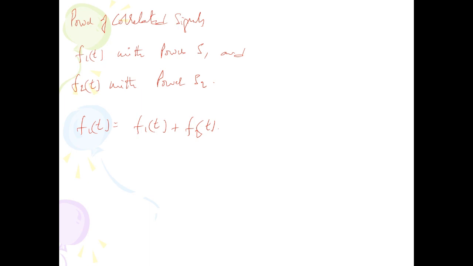Since the time delay does not affect the normalized power, the power of f2 of t and f2 of t plus tau is the same.